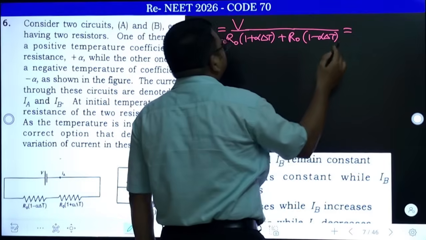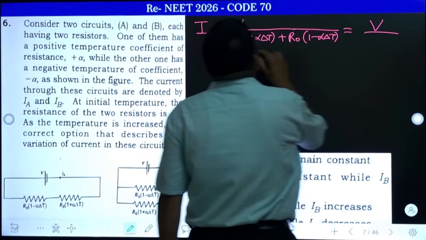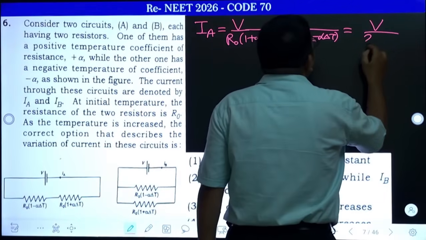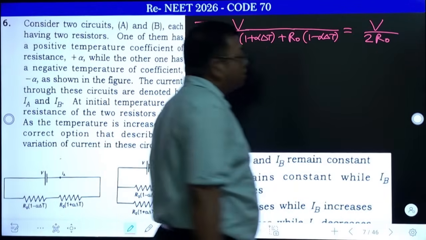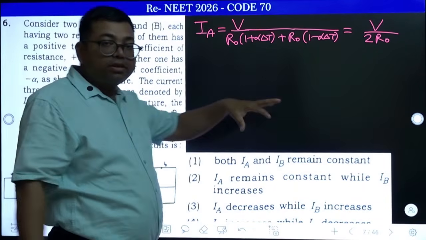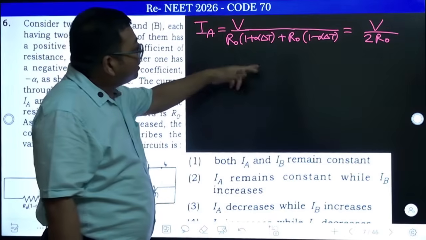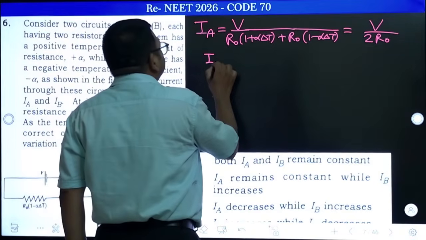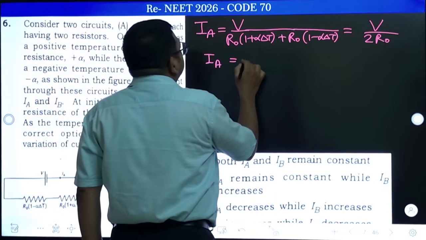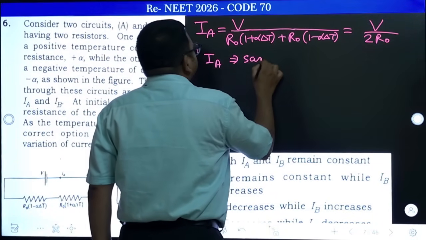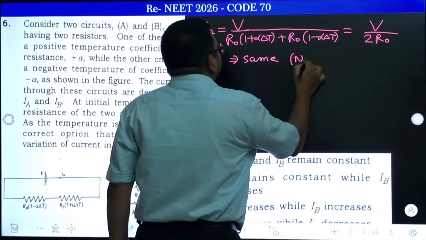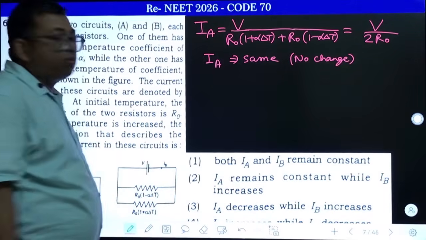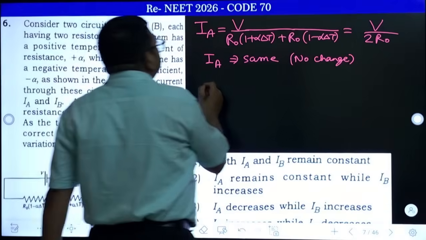If I calculate this, the plus and minus terms will get cancelled, leaving 2 R naught. That means the initial resistance was also R naught plus R naught, 2 R naught. At any other temperature also it is going to be the same, so IA is not going to change. IA will remain the same, no change, right?